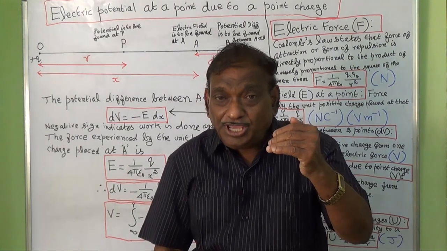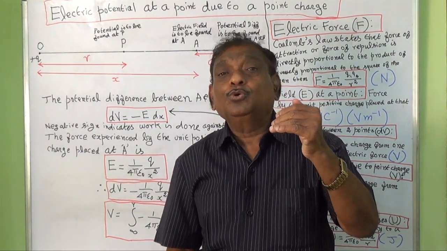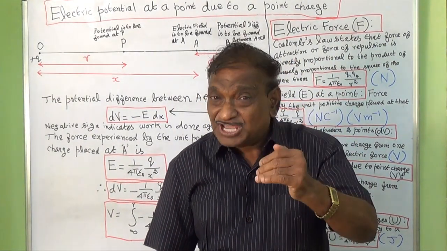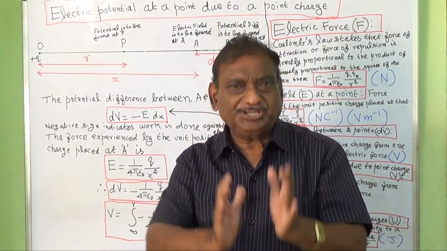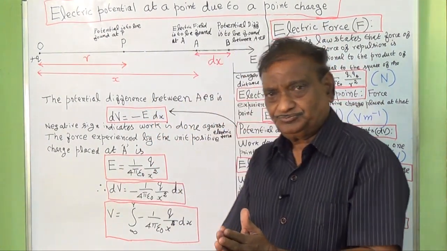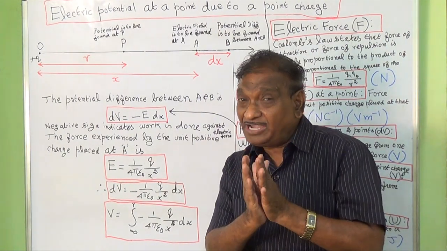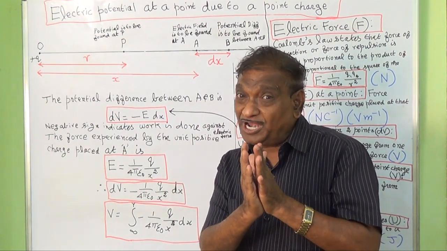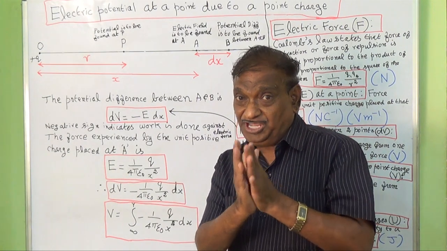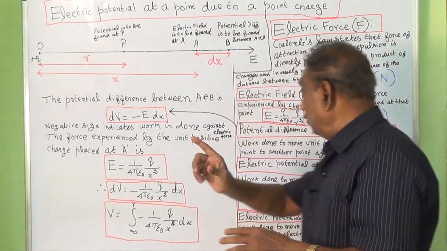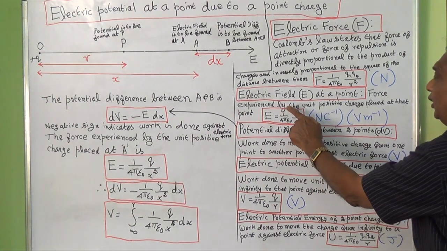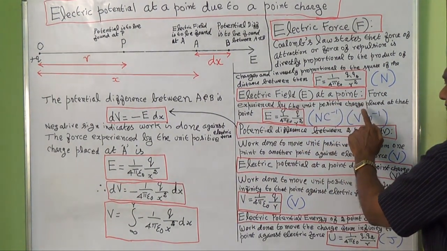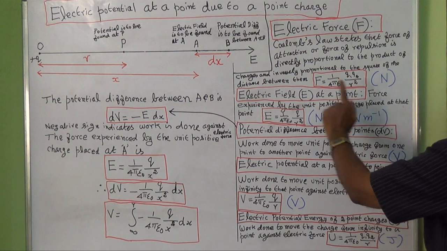Then we are going to state the definition of electric field capital E at a point. You are well aware that the electric field is nothing but the force experienced by a unit positive charge placed at that point.